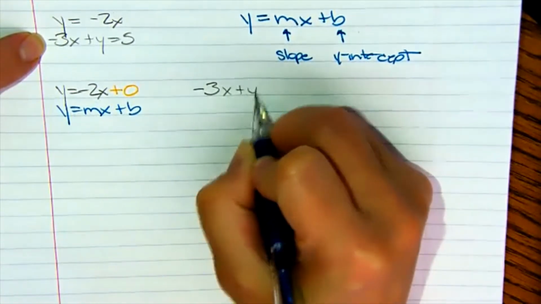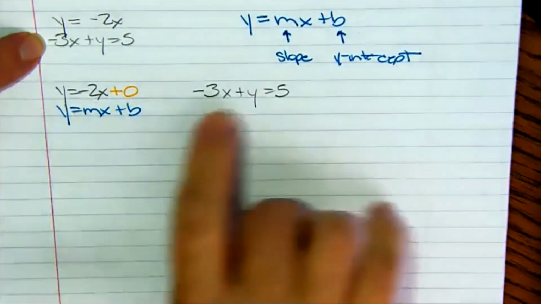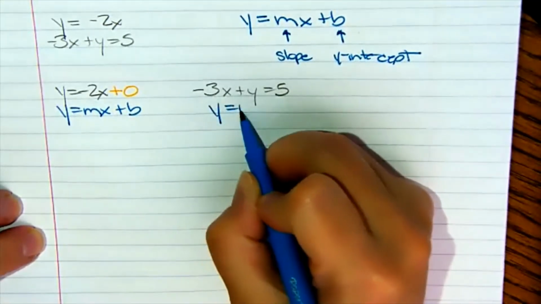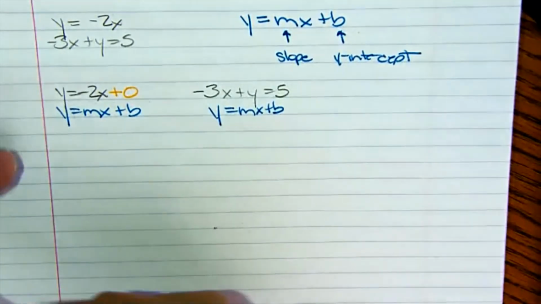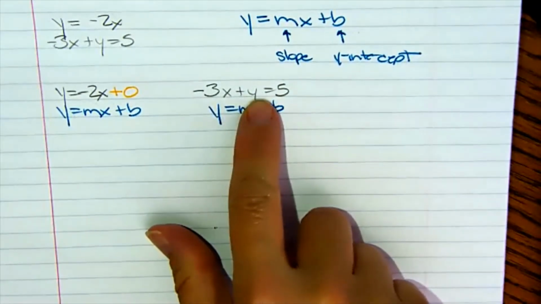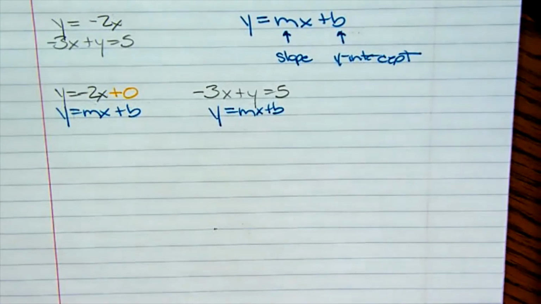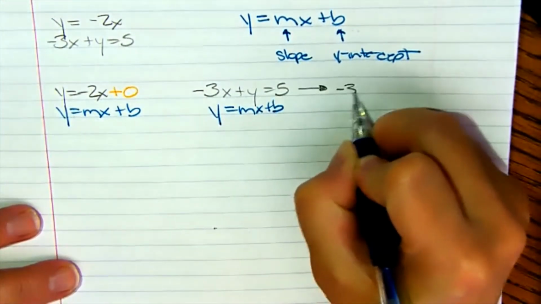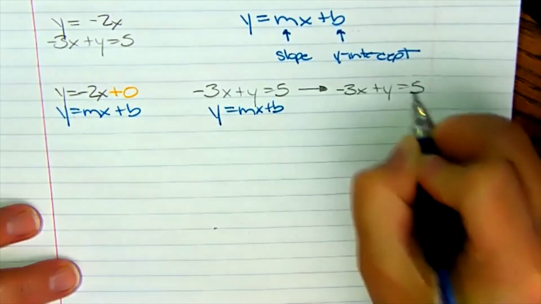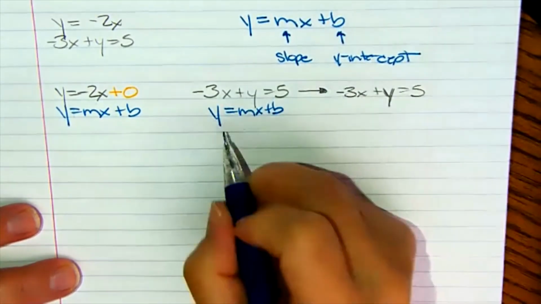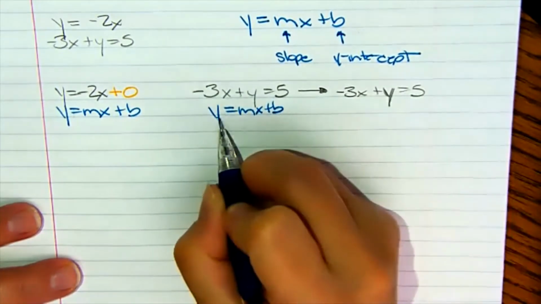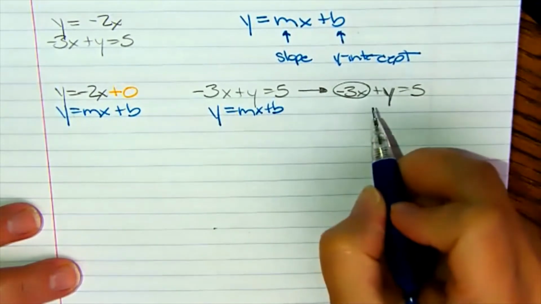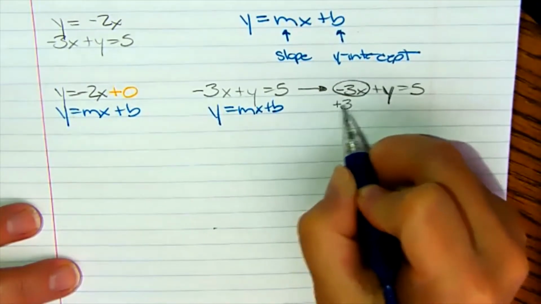So let's take a look at our second equation. Negative 3x plus y equals 5. We need this to be in slope-intercept form, y equals mx plus b. This is not in slope-intercept form, so we need to rework this equation. We need to isolate y, just like here. So we need y by itself. I need to get rid of this negative 3x, so I'm going to add 3x.